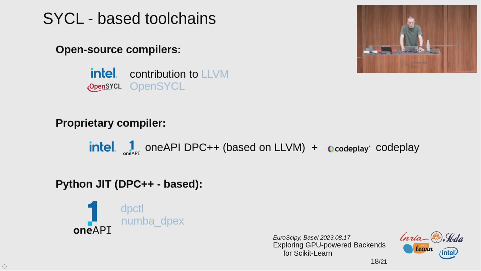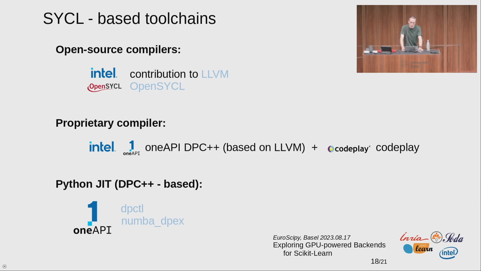Such compilers, for the time being, include open source compilers, LLVM with Intel contribution, and alternatively OpenSYCL. There are also proprietary compilers, and we use the proprietary ones that are distributed under the name of the oneAPI set of software from Intel.